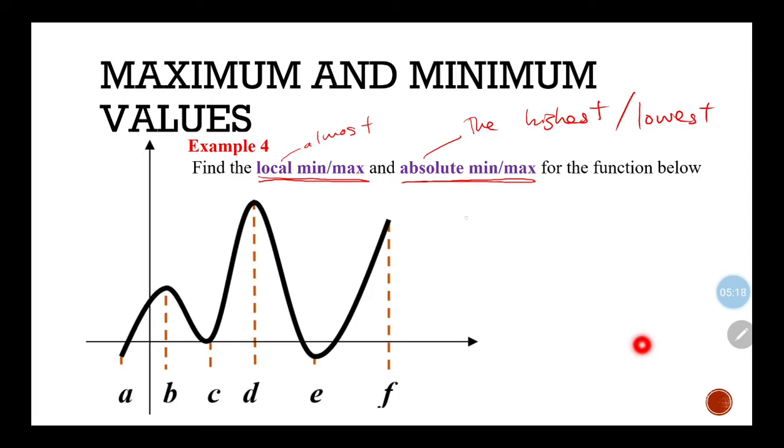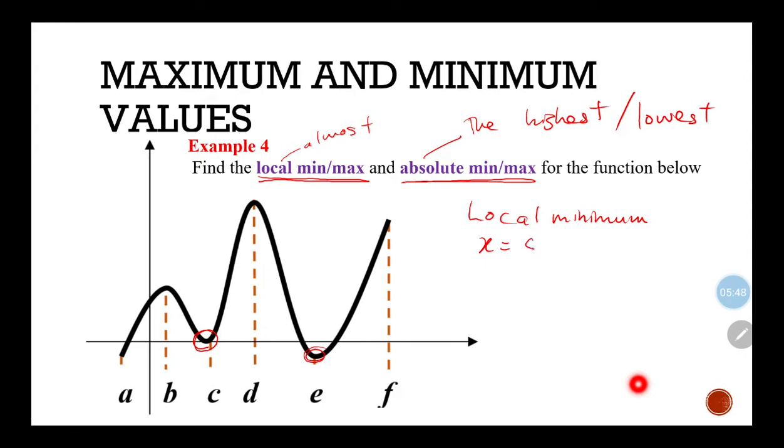Okay, so now looking at this graph, which one do you think is the local minimum? Local minimum is when x equals what? Local minimum is when x equals C and E. Forgot to tell you, the local minimum can also be the absolute minimum. It can be the same thing.